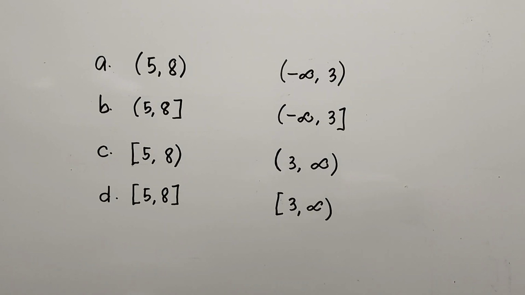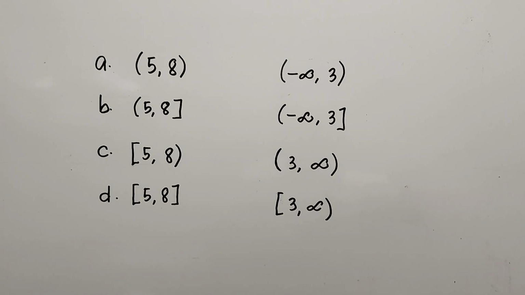For the second, this is a set of all the numbers from negative infinity to positive 3, and 3 is included. For the third, this is a set of all the numbers from positive 3 to positive infinity, and 3 is not included. And lastly, this is a set of all the numbers from 3 to positive infinity, and 3 is included in that set.